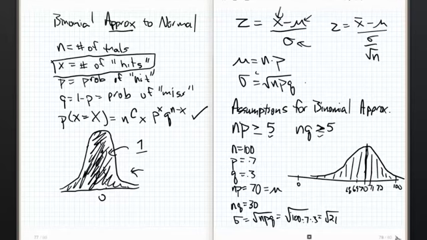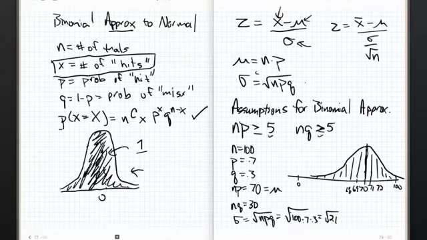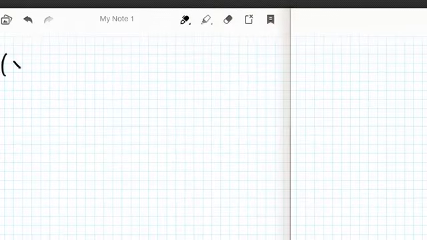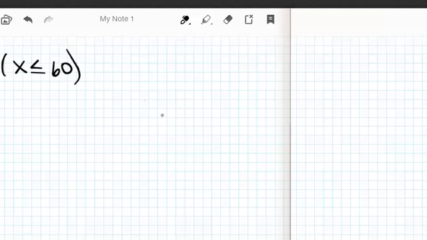So watch this. Let me show you why we use the binomial approximation. We've met the assumptions. You may say, well, Ripley, wait, we have the formula. Remember this guy back here? The probability that x equals the number of hits is this formula. But what if I ask you the probability that x is less than or equal to, say, 60?